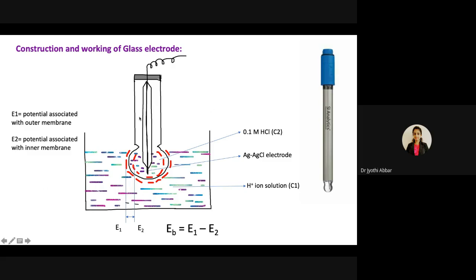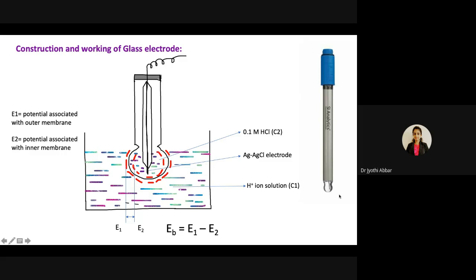So construction: this electrode is made up of a glass tube. You can see it is made up of a glass tube with a bulb at the bottom, and it is made up of a special type of glass, that is silicate glass, which has high electrical conductance.